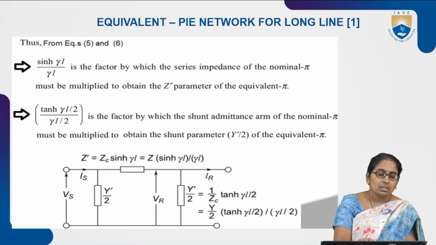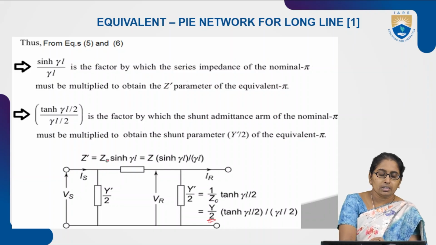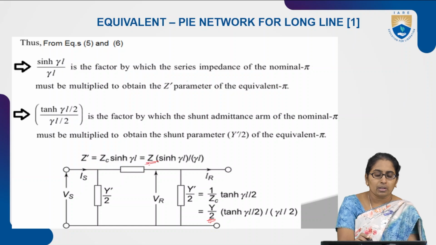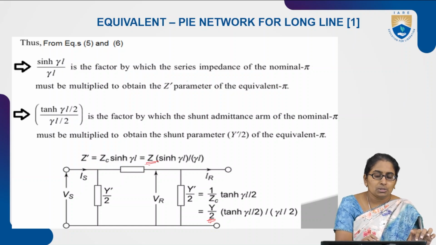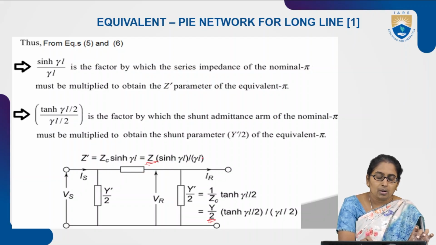That means, in the pi model for the long transmission line, impedance is multiplied with another factor. What is that factor?